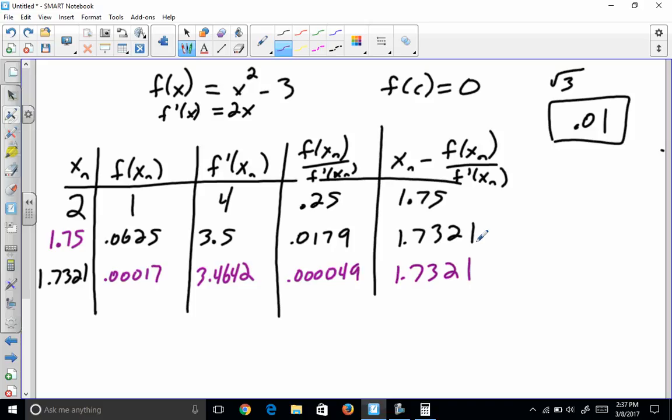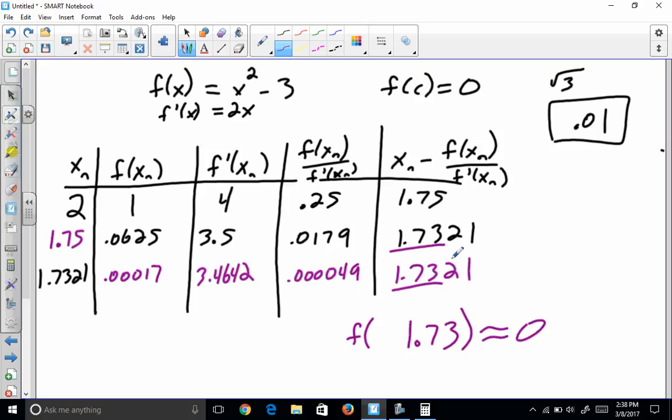So notice this one, even to 4 decimal places, these are basically the same. So this 1.73, if we're wanting to go to the nearest hundredth, we have the same value to the hundredths. So that's an approximation of what would make our function 0.